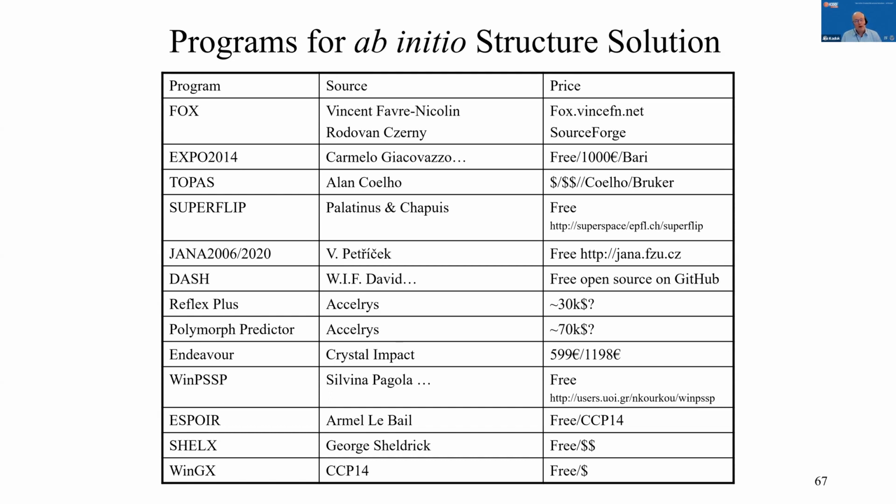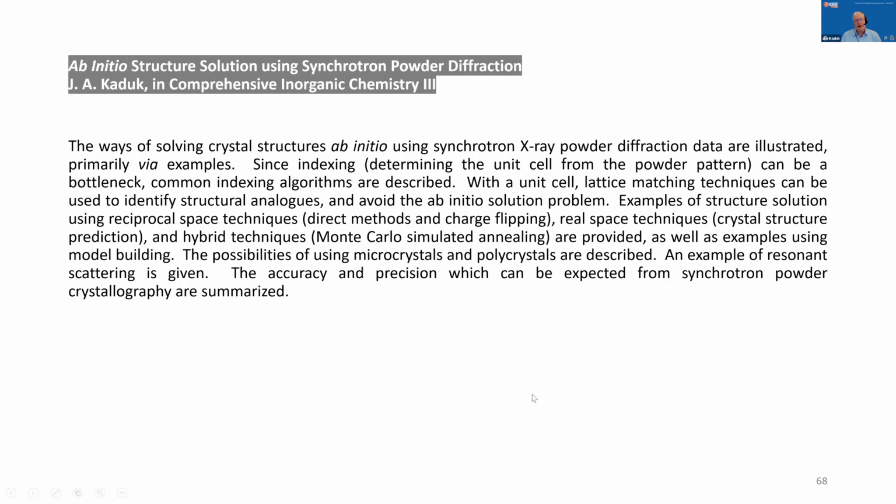If you want to know a little bit more about this topic, I guess I can say stay tuned. Coming later this year will be this chapter on ab initio structure solution using synchrotron powder diffraction in a reference work called Comprehensive Inorganic Chemistry 3. My understanding is that electronically this will be available later this year.